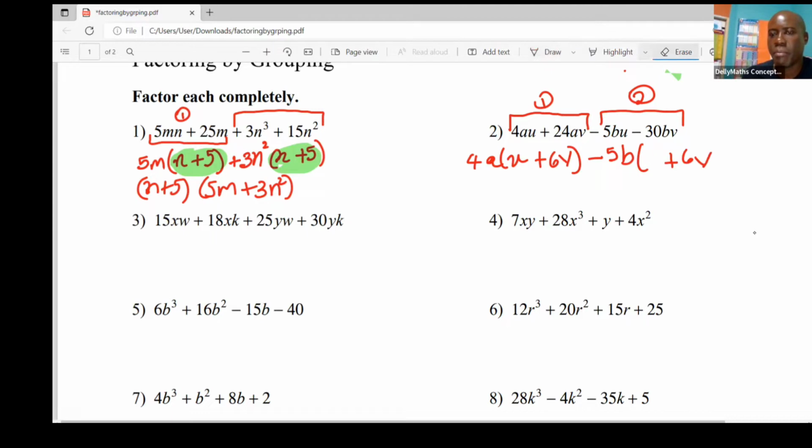Let me write this better. And we're done. Again, you could see that we're on a good path because the two brackets did come back. So at this time, you want to write back one of these brackets, and then the other two things on the outside would go in the other bracket, 4a minus 5b.